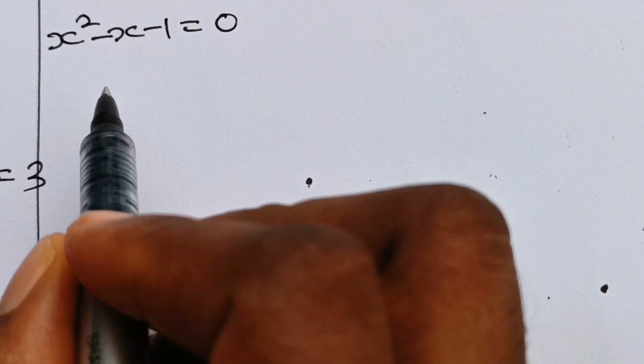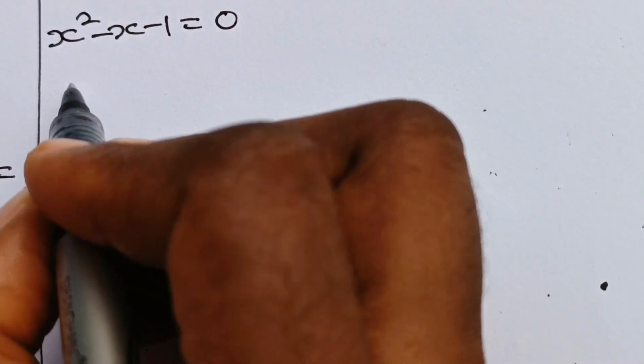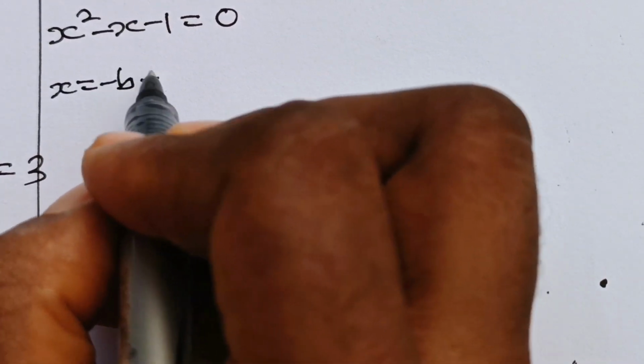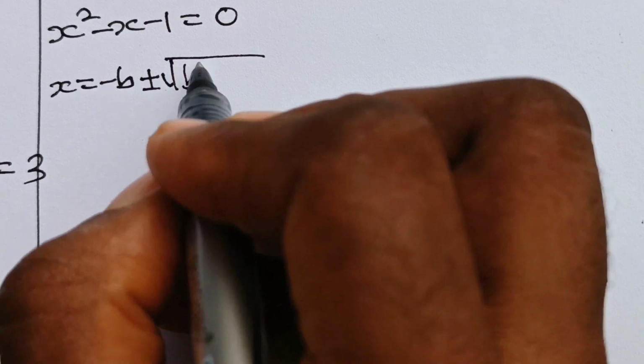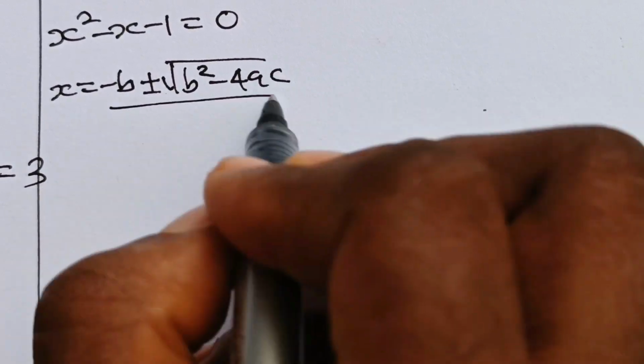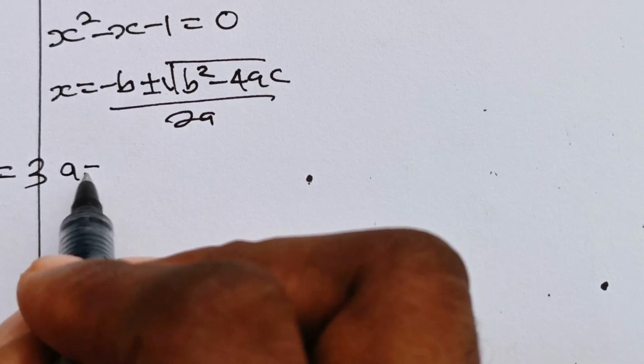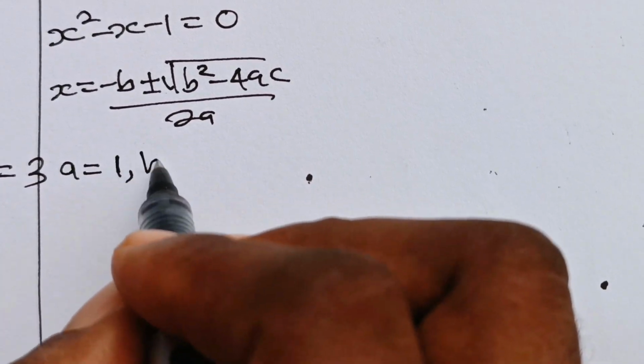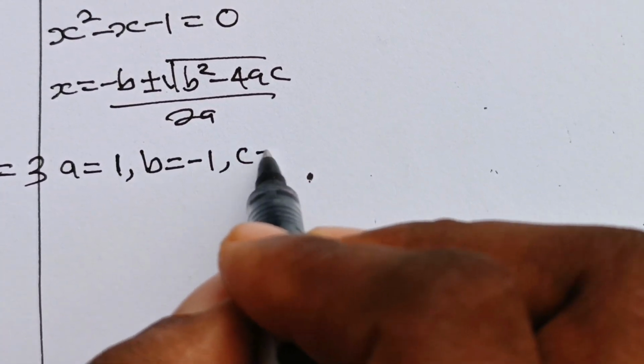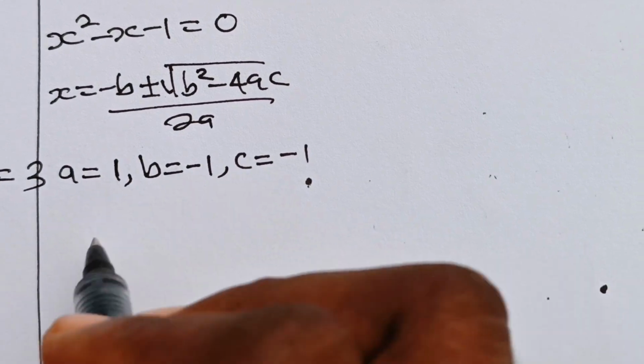So if we use the quadratic equation formula to solve this, we have that x is minus b plus or minus square root of b squared minus 4ac, everything divided by 2a. Now in this case, our a is equal to 1, right? Our b is minus 1 and our c is also minus 1. Now let's substitute.